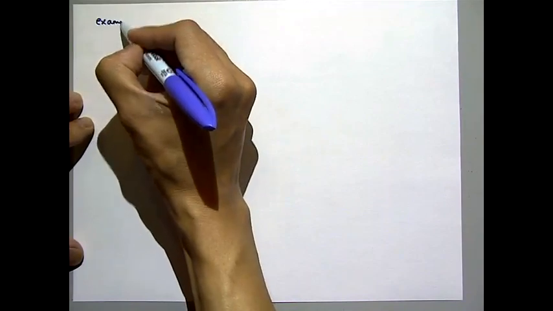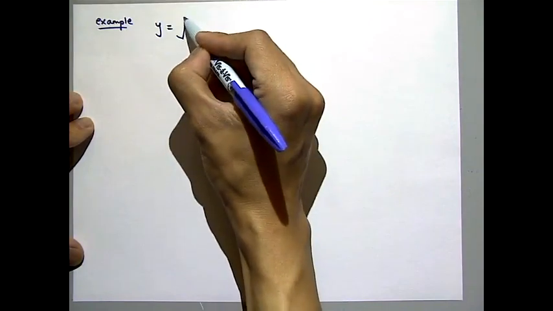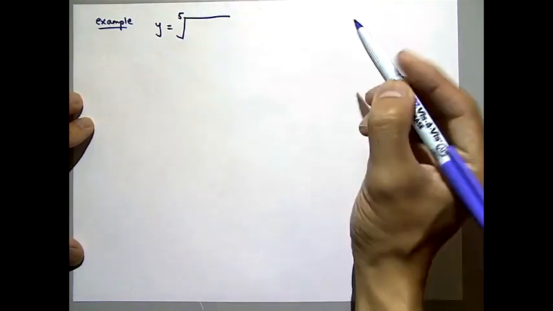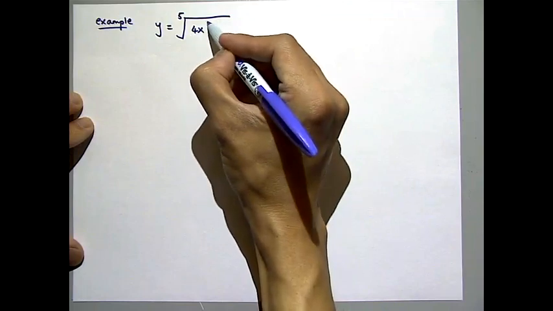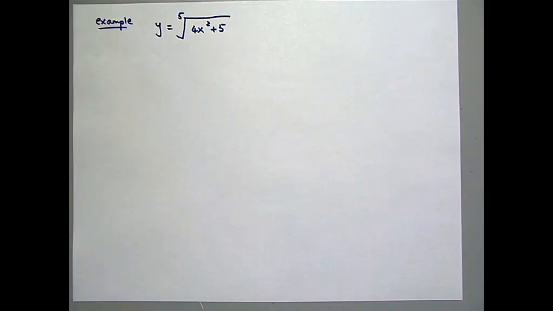Let me give you another example where that's very useful. Y is the fifth root of 4x squared plus 5.